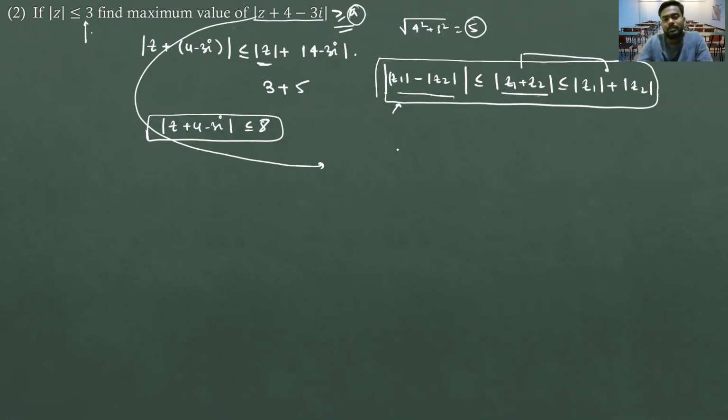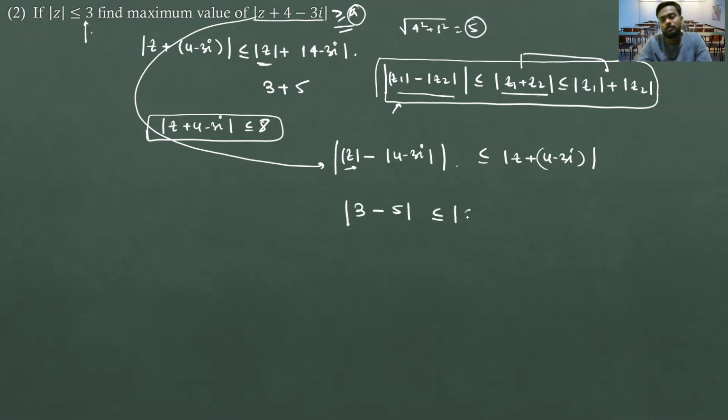So what I will do here is the same thing: modulus of z minus 4 minus 3i is less than or equal to modulus of z plus 4 minus 3i. I will take it like this, and on this side we are left with modulus of z minus modulus of 4 minus 3i. Again the value of z we take as 3, minus 5.